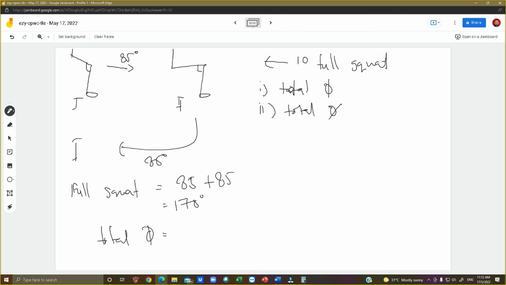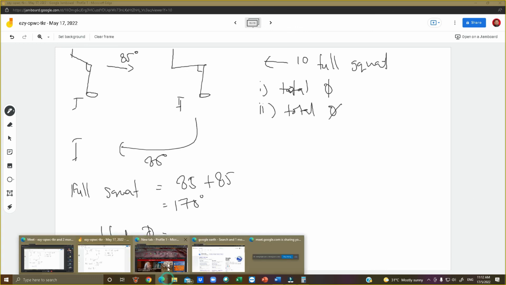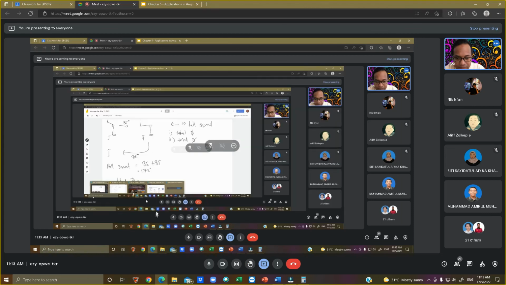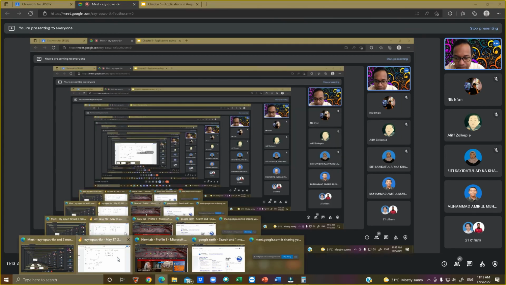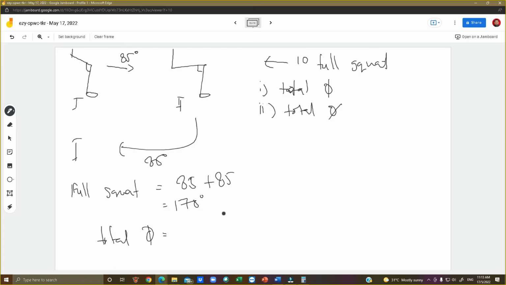So what is 10 full squat total distance covered? Berapa? How much? Ada orang tak ada orang ni? Hello? Ada. Okay. Ada, sir. Berapa? 10 full squat.